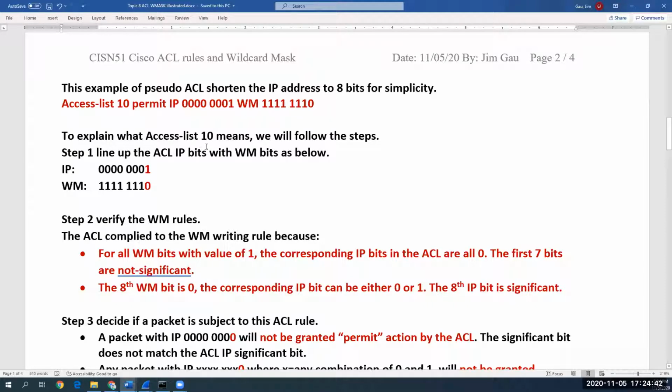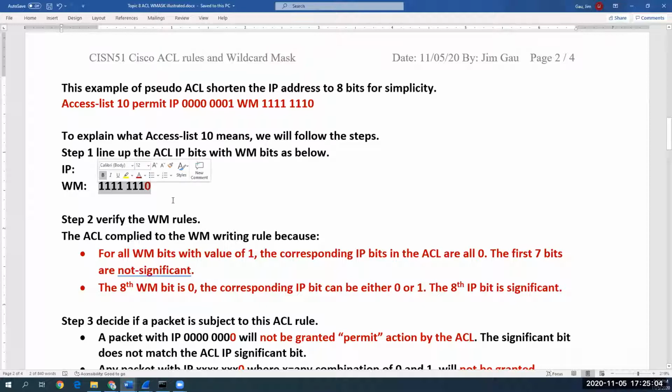Now, to explain what it means, we'll follow the steps. The first step is to line up the ACL IP bits. For instance, this is the IP bits, and we write it here. Then we bring the WM bits to line up with it.